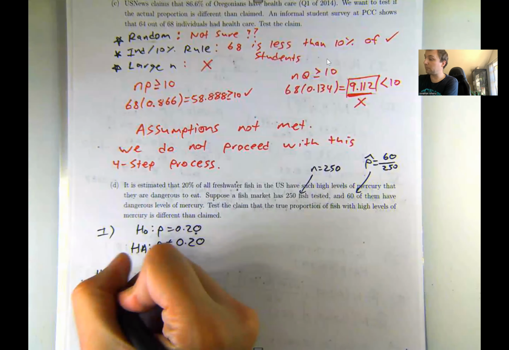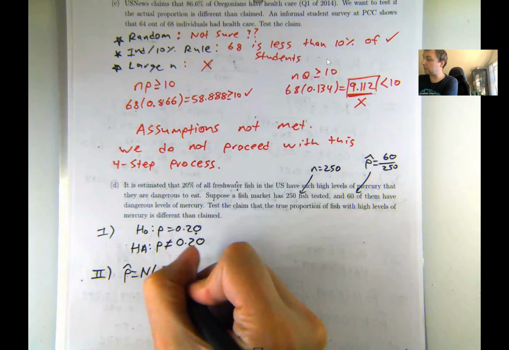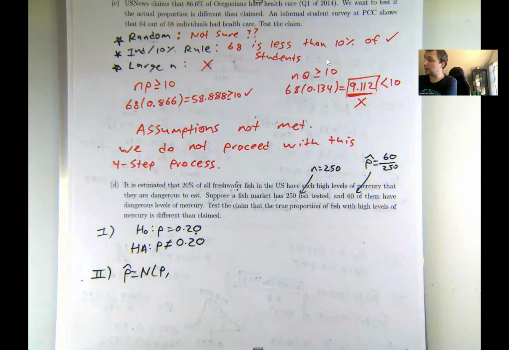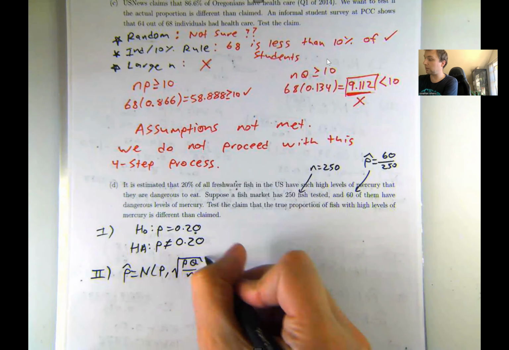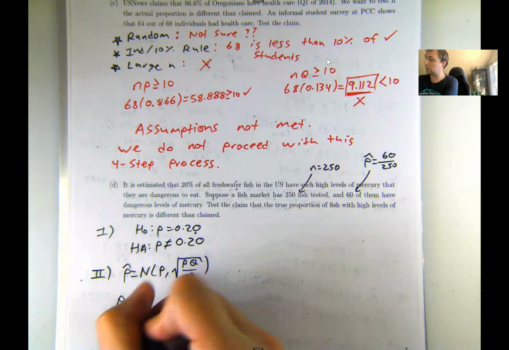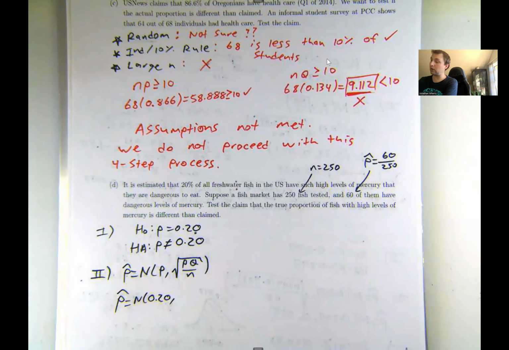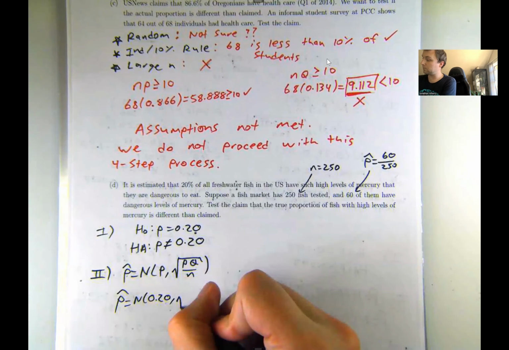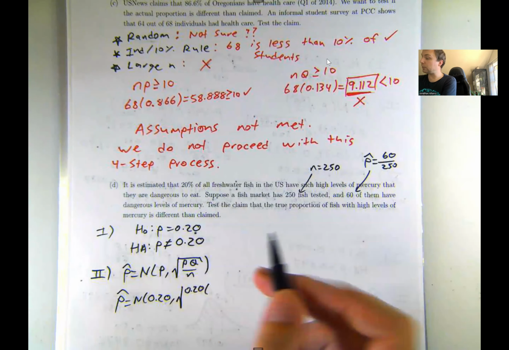I'm going to find my model. P hat is normally distributed with a center of P and a standard deviation of root PQ over N. My claim is 20%. The model is always based off that null hypothesis claim. And if P is 20%, then Q is 80%.